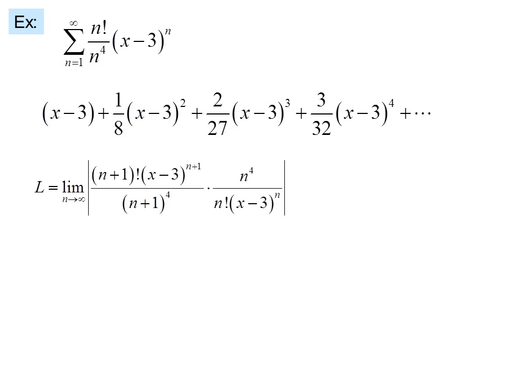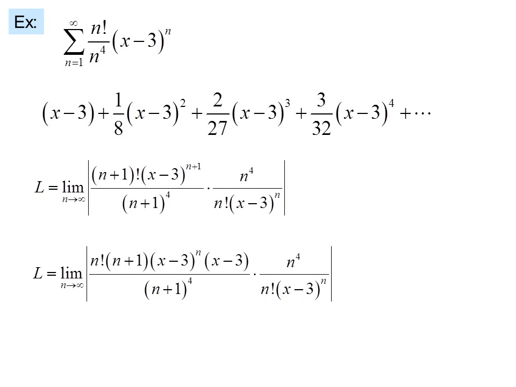Before we can cancel, we need to expand several terms. In particular, note that n plus 1 factorial becomes n factorial times n plus 1. The exponential terms expand the same way the terms did in the last example.